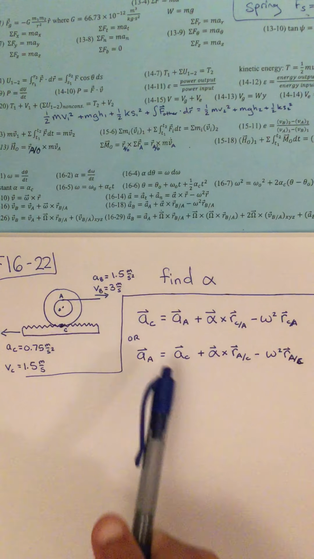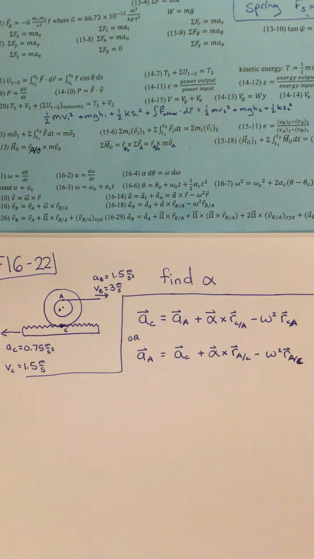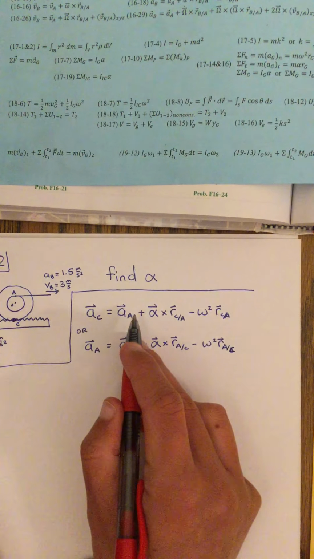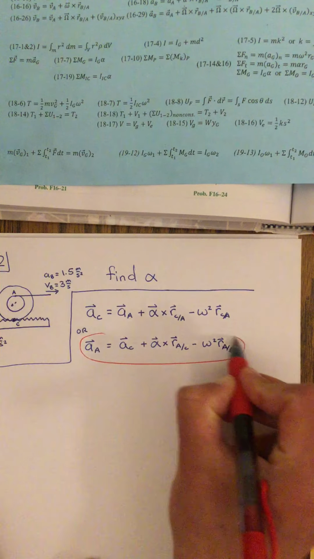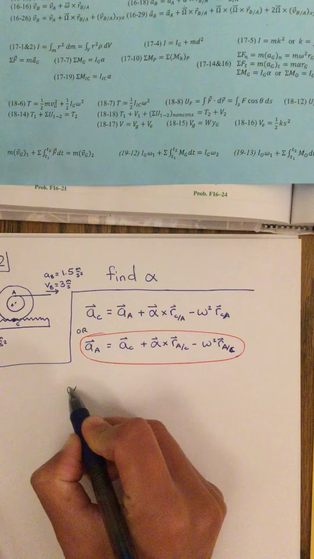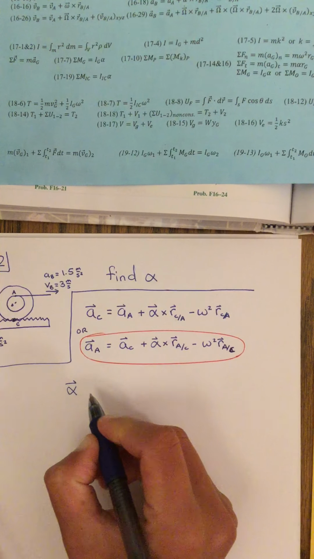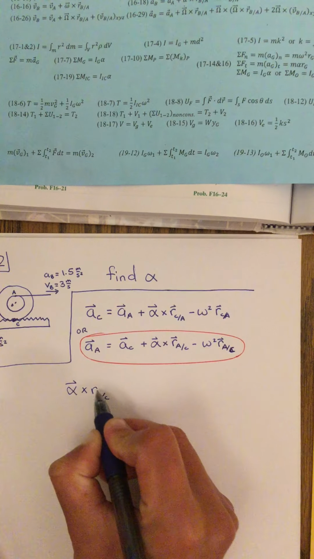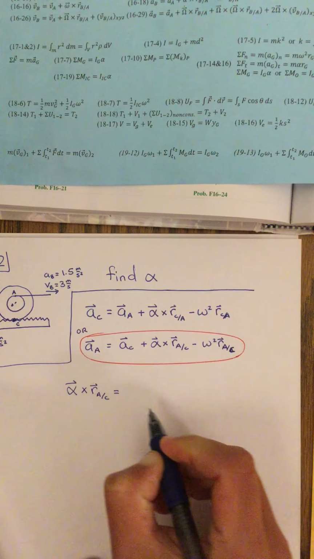So let's use this equation here. You can try it using the other equation, this one, on your own, and check to see that it works out. I'm just going to focus on the cross product here: the angular acceleration crossed with the position of A with respect to C, and see what that gets me.